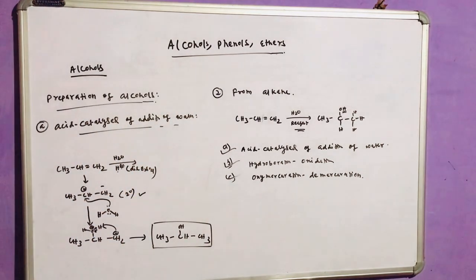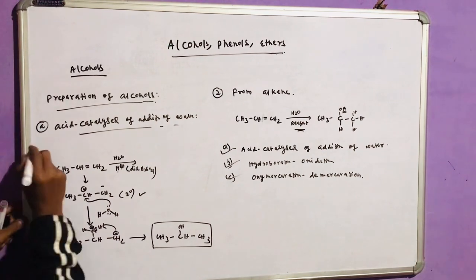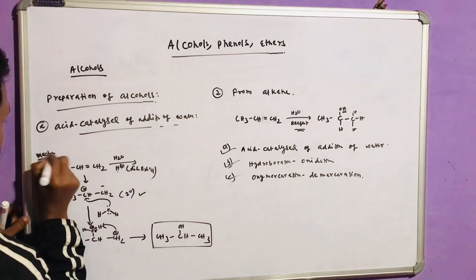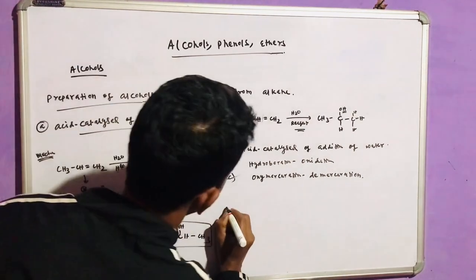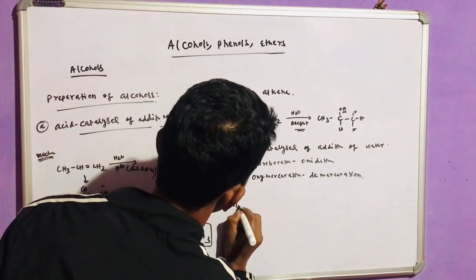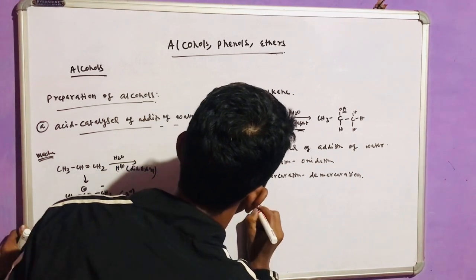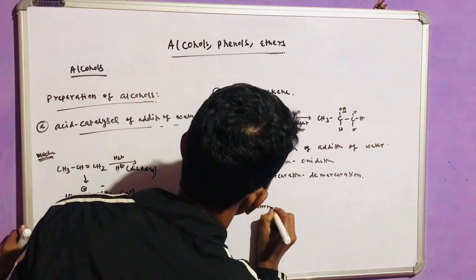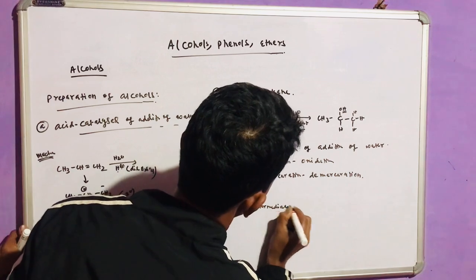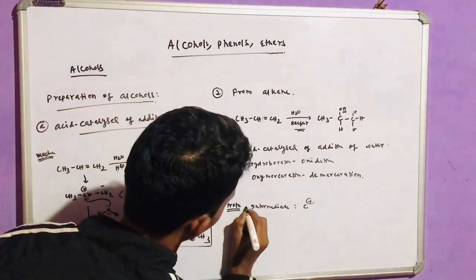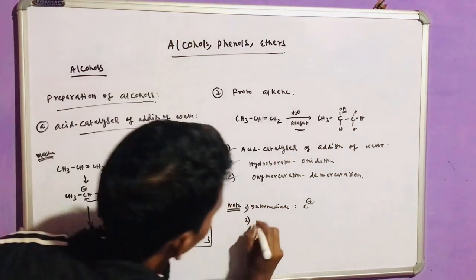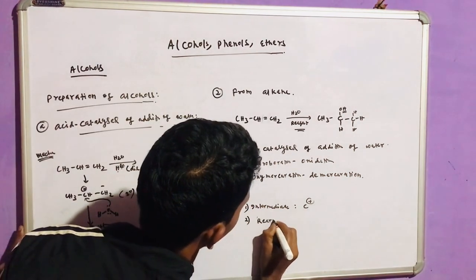So what happened in this mechanism? That carbocation is forming. So here the intermediate is a carbocation, and if a carbocation is forming, then rearrangement is possible.